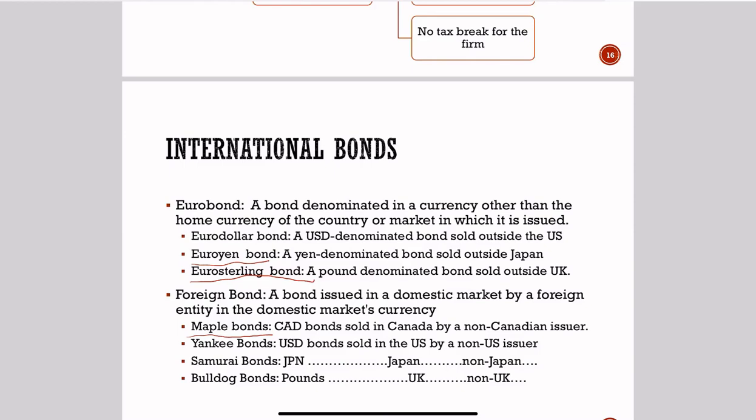easy to understand. So let's say you're a Canadian investor. Let's say you're trying to buy 3 different kinds of bond. The first one is a Canadian bond issued by Air Canada.